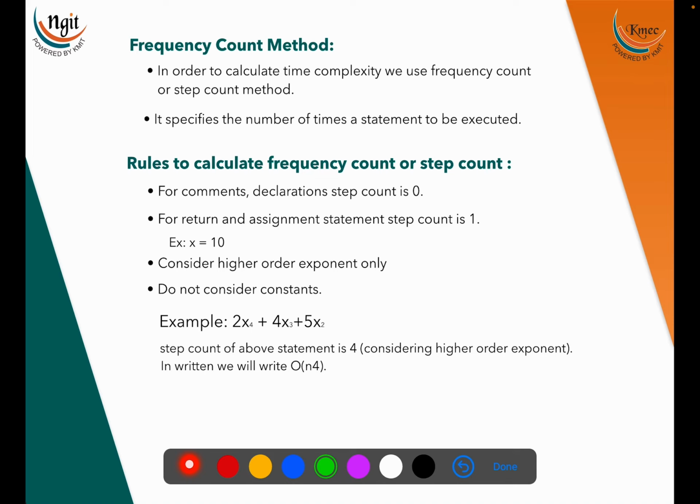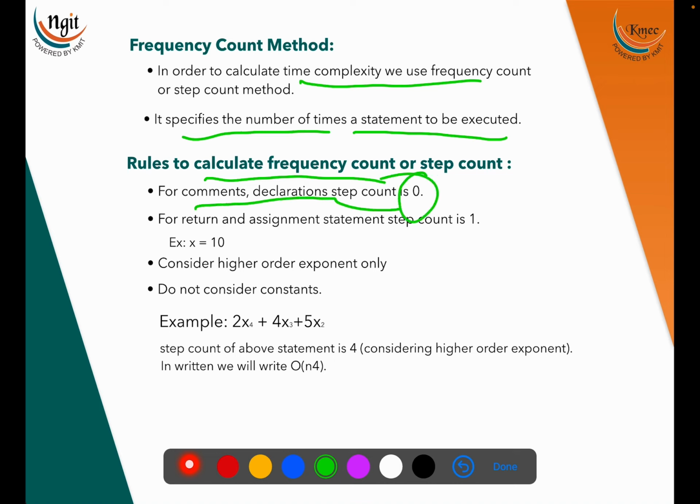What is the frequency count method? In order to calculate time complexity, we use frequency count or step count, and it specifies the number of times a statement is executed. The rules to calculate frequency count: for comments and declarations the step count is 0. For return and assignment statements the step count is 1. The most important point is this: you have to consider higher order exponentials only. Example: 2x power 4 plus 4x cube plus 5x square.